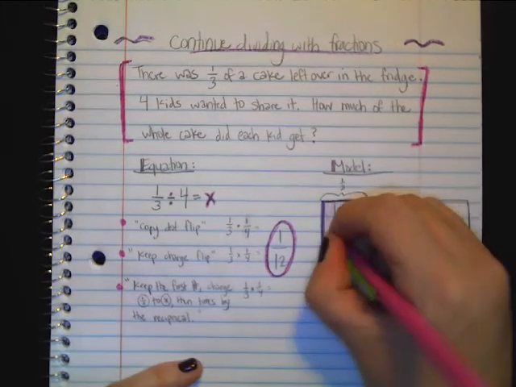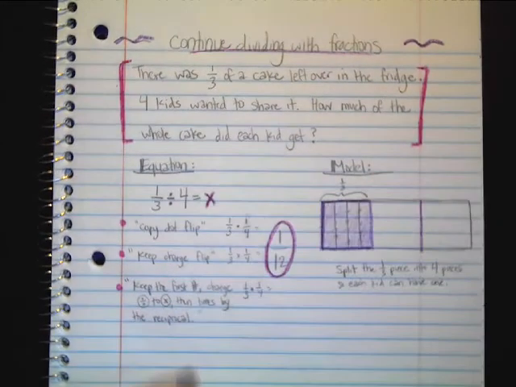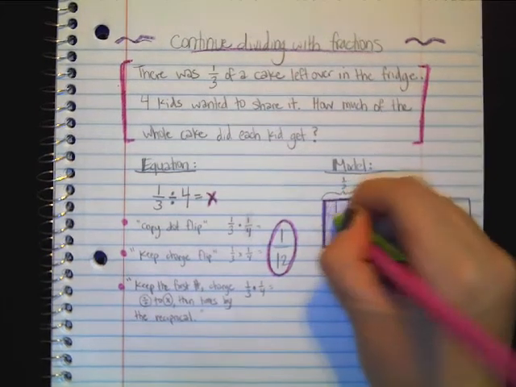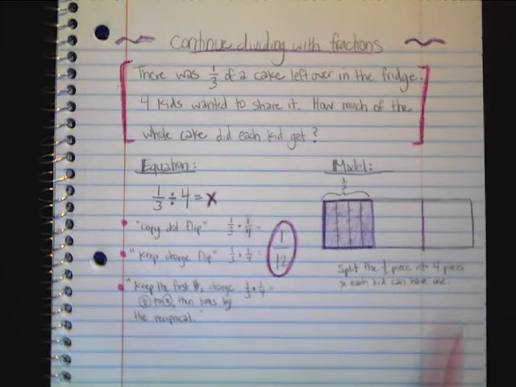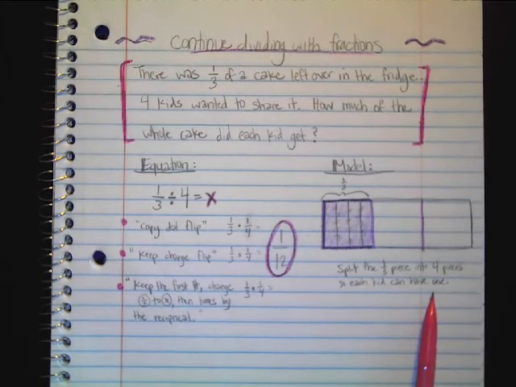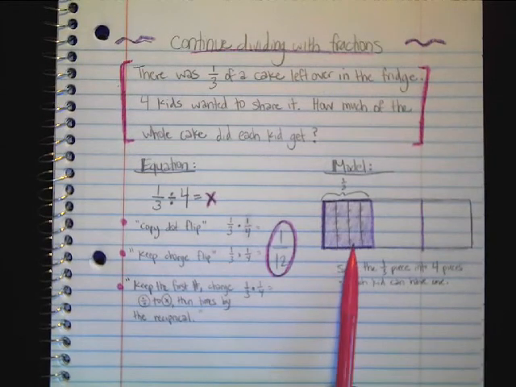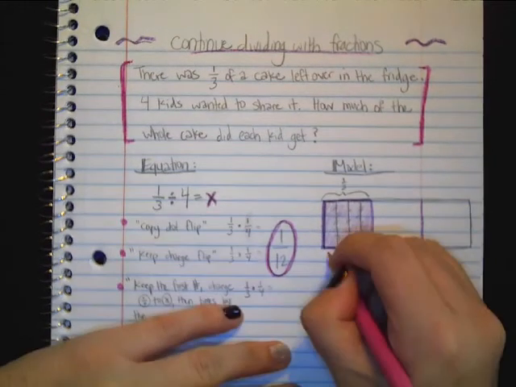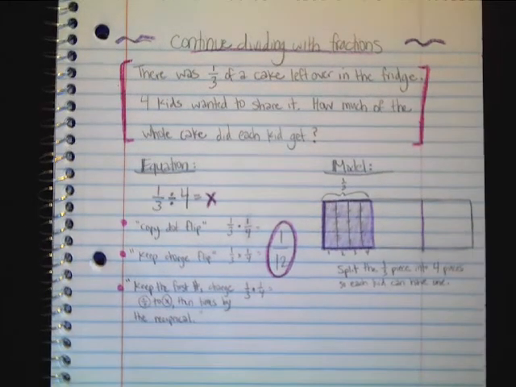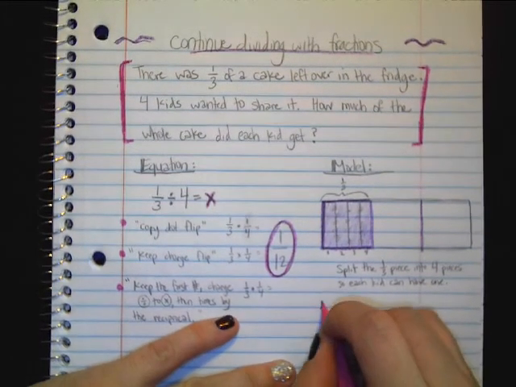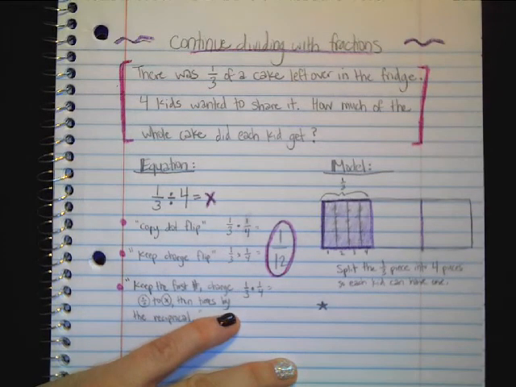Split that into 4 pieces. Nice. I just kind of made my eraser make it look like dashed lines. So I now split that so that each kid could have one. All right. So this is going to be kid 1, kid 2, kid 3, and kid 4 who all get those.